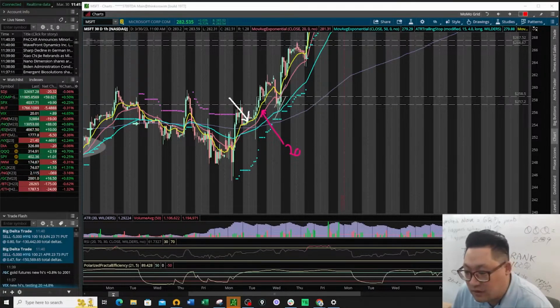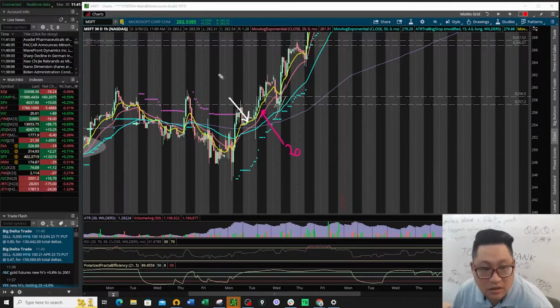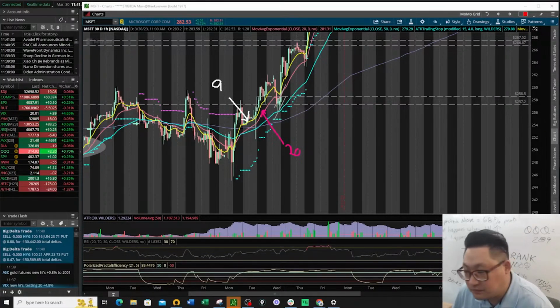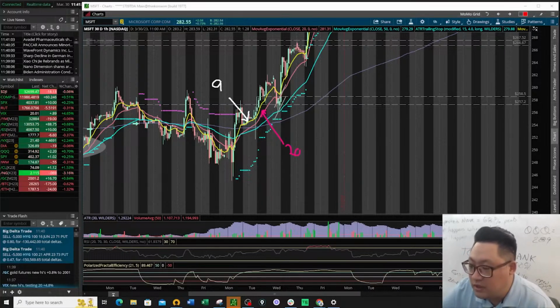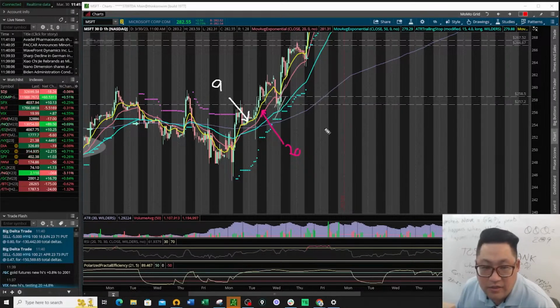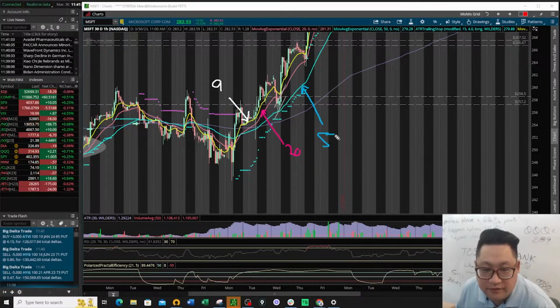And I'll make this 9 right here. And then the next one, folks, will be the blue, the teal, or the light blue, teal blue. And that will be right here. That will be the 50 EMA.